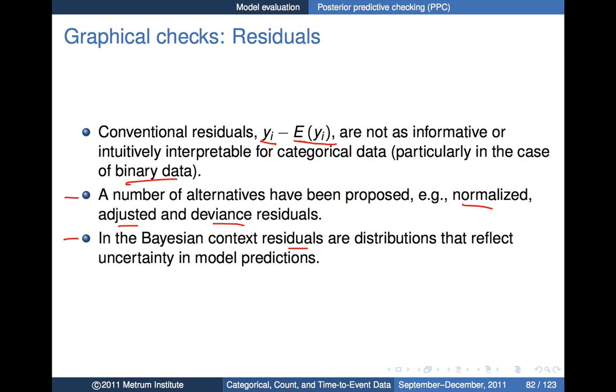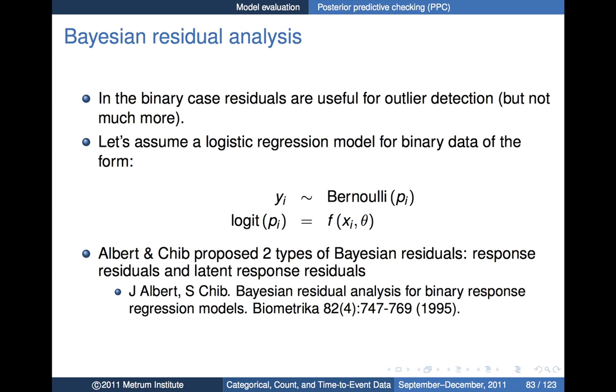They're not just point estimates. So when we take our observed data and subtract those predicted values, the resulting residual also has the form of a distribution that reflects the uncertainty in our model predictions.